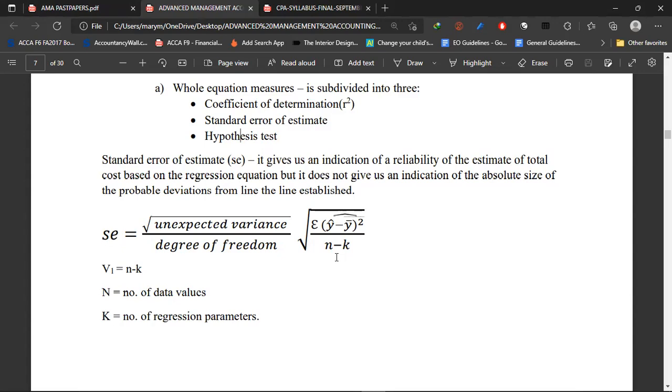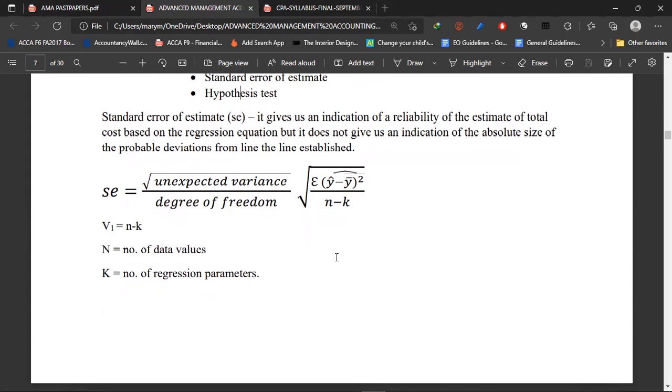So we are saying that it gives us an indication of the reliability of the estimate of the total costs based on the regression equation, but it does not give us an indication of the absolute size of the probable deviations of the line established.